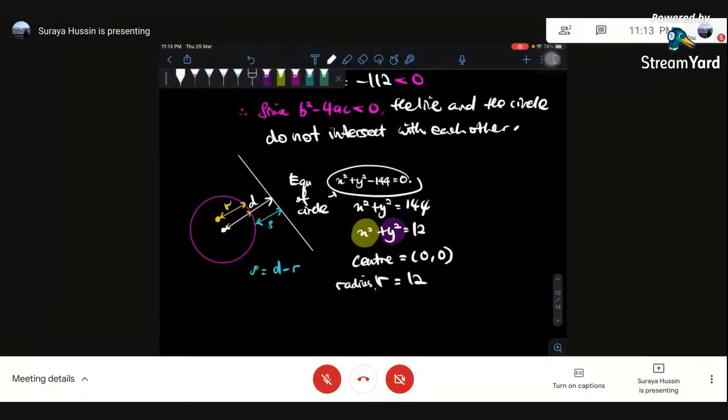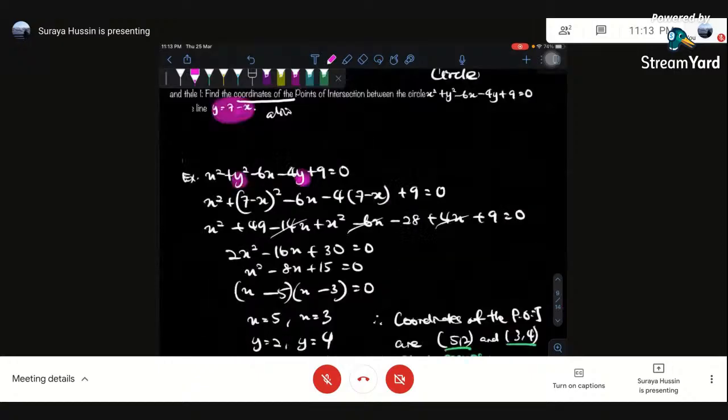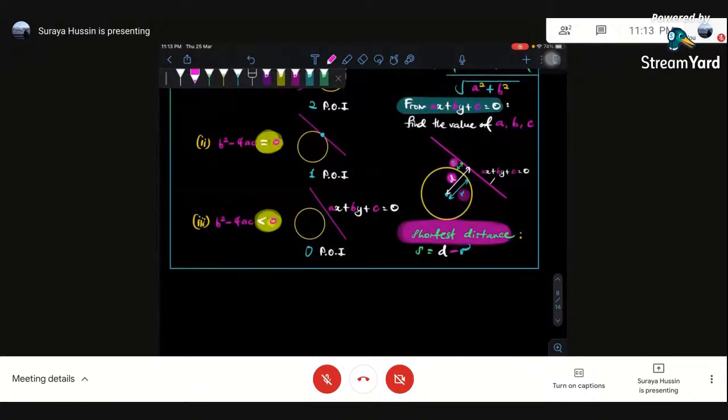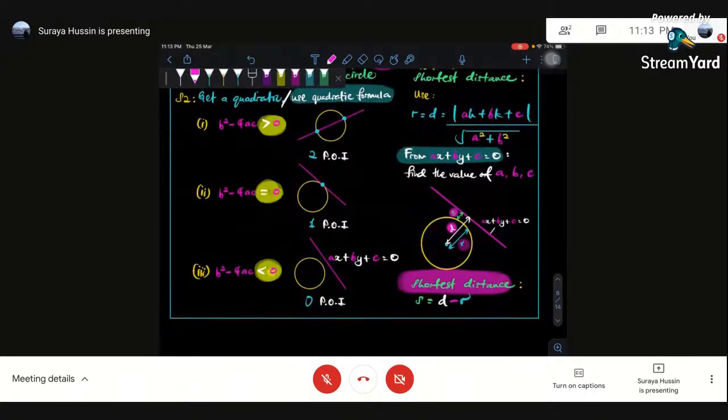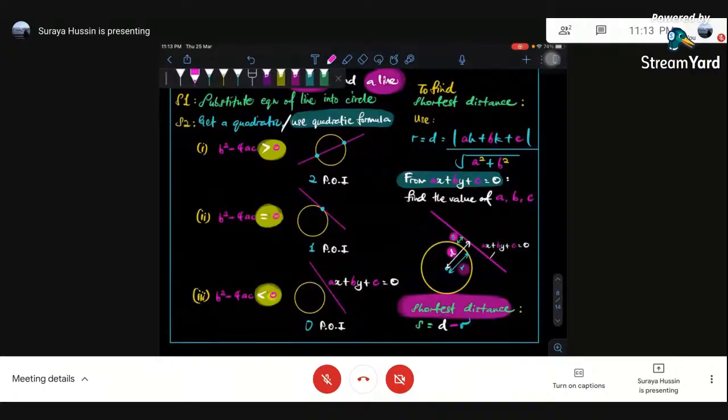Okay, dekat sini penting untuk keluarkan center dan radius sebab di sini ada H dan K. Di sini ada R. Kenapa saya nak sangat cari center ni? Sebab saya memerlukan formula ni. Formula di sini menunjukkan, oh my god, this is where I need to use this formula.